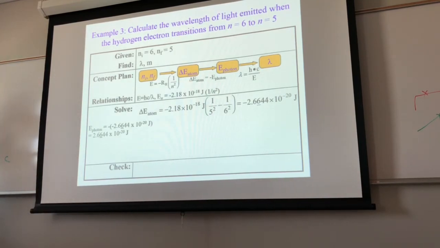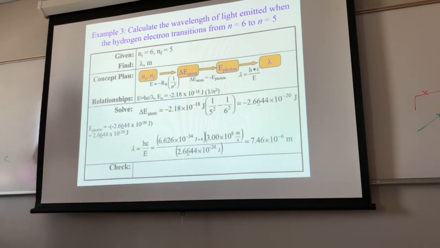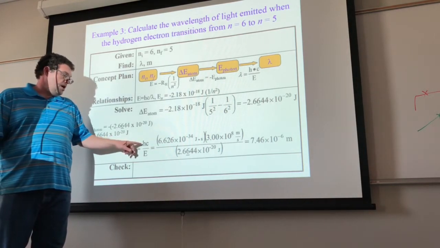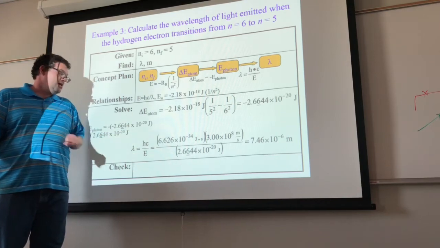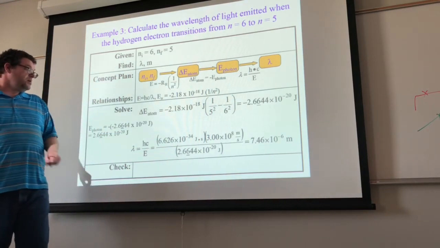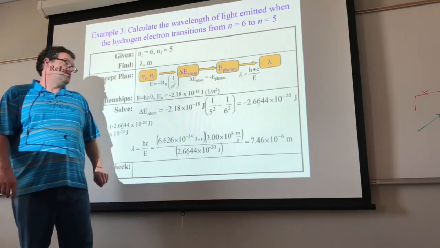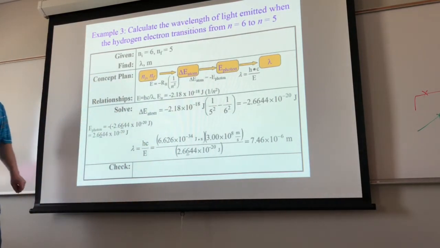Once you have the energy associated with that transition, then you can solve for the wavelength. You would use this equation: lambda is equal to Planck's constant times the speed of light divided by the energy. So here's Planck's constant, here's the speed of light, and then there's the energy we just calculated from the equation above.